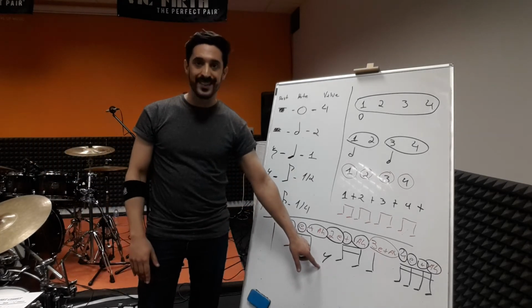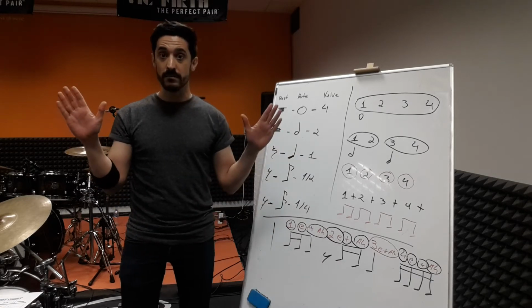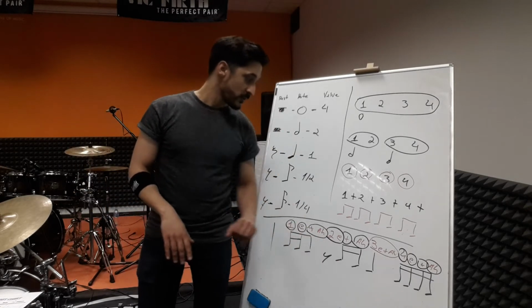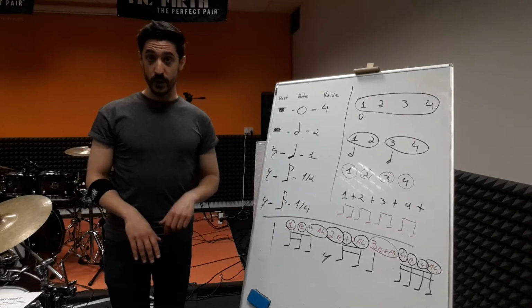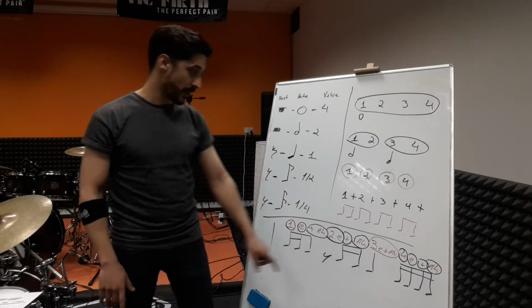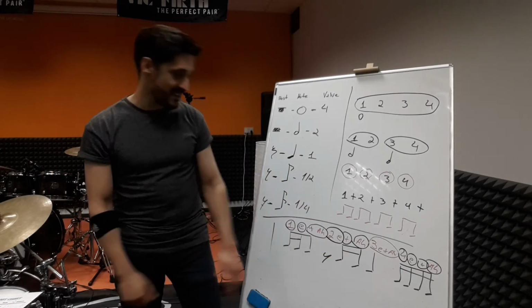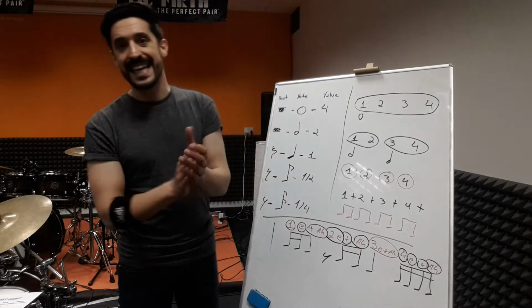Eighth note rest on the 2, which occupies also the E, so 2 E. Two 16th notes on the and of 2, so 2 E and a. Quarter note on 3, 3 E and a, and then 4 E and a.